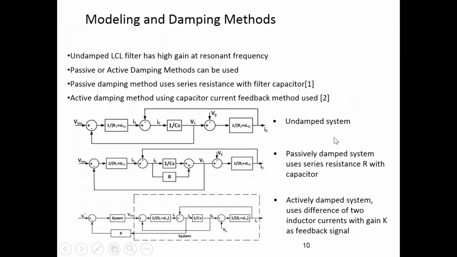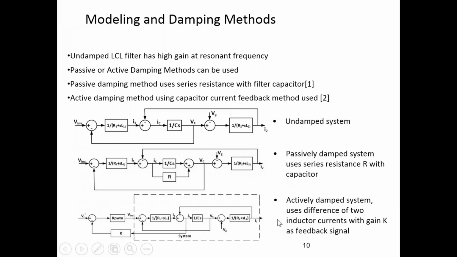And again, these are things that we know in power electronics research. We know an LCL filter-based converter system is an undamped system. We can passively damp it, and we can actively damp it with different kinds of control loops.